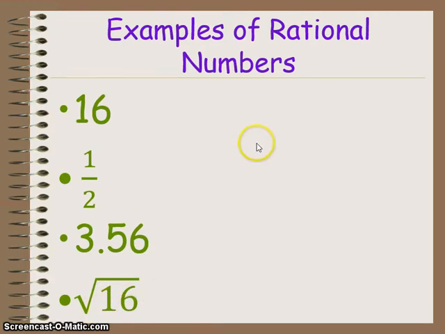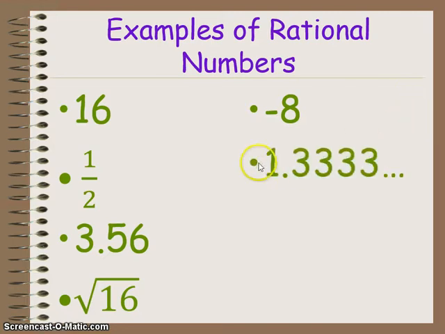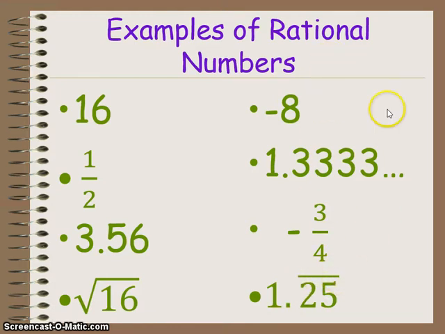It equals 4. -8 is a rational number because it's an integer. 1.3333 is a rational number because it repeats. -3/4 is a rational number because it is a fraction. 1.25 with a bar over top is a rational number because this is a repetition bar, which means that it repeats.